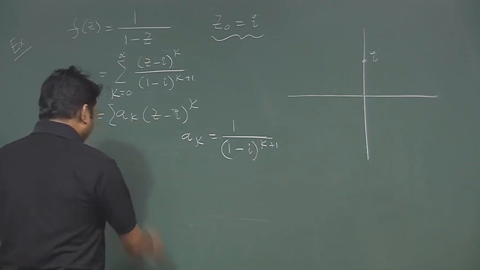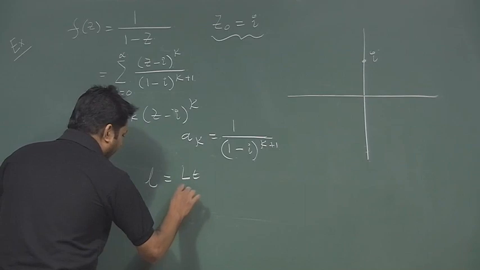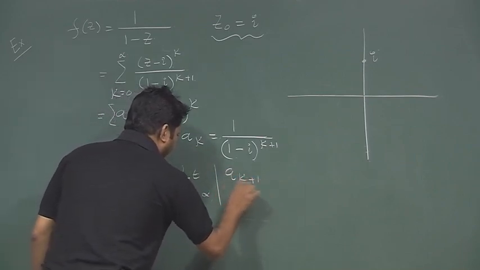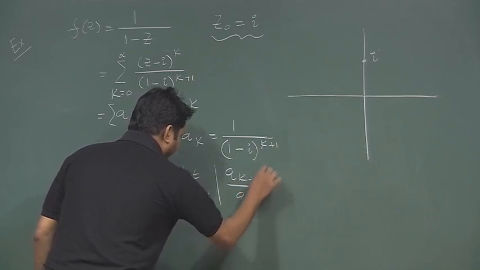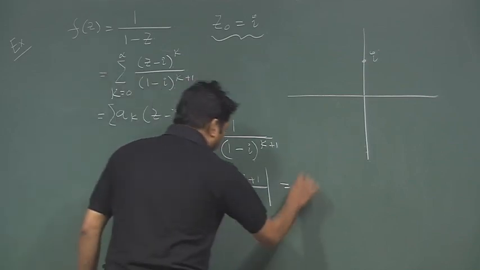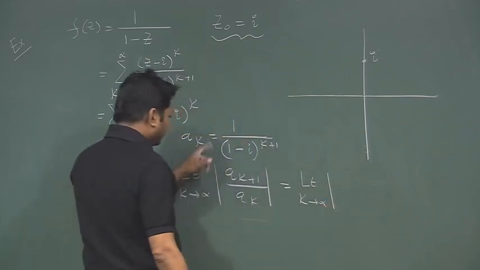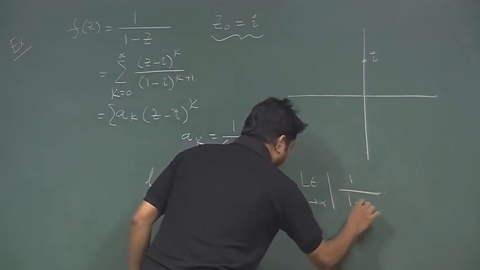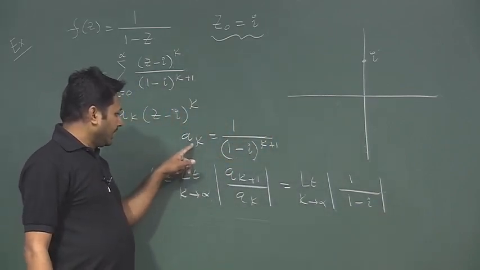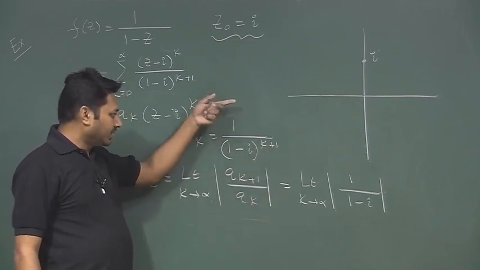So, once I have a_k, I can readily find out what is my L, which is the limit as k tends to infinity of mod of a_(k+1) divided by a_k, which means the limit as k tends to infinity of 1 by (1 minus i). a_(k+1), if I put, will be k plus 2, and a_k will be k plus 1 in the exponent.